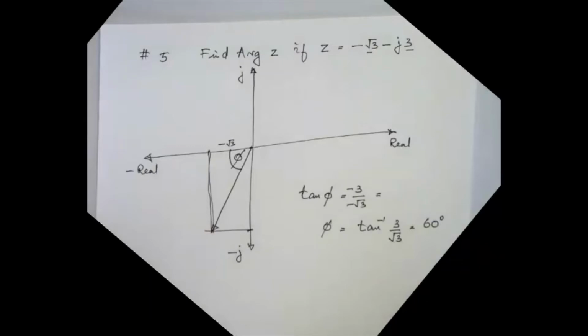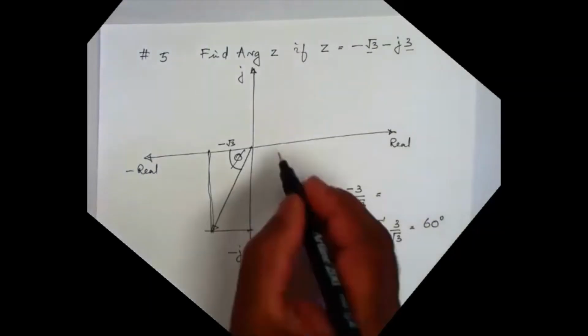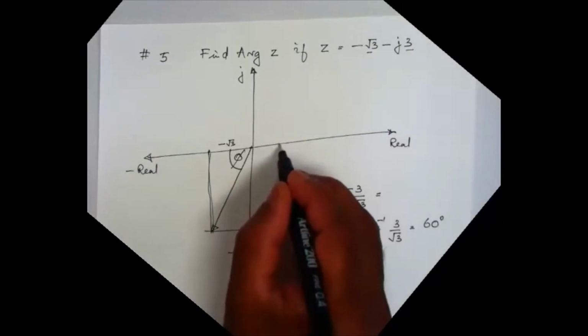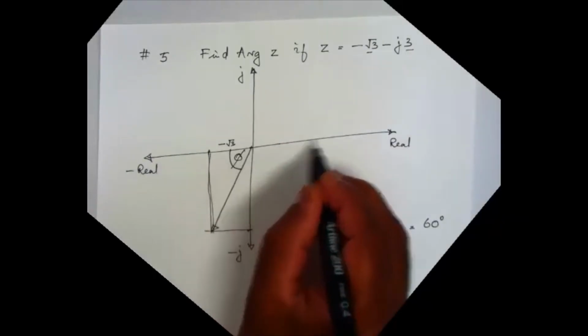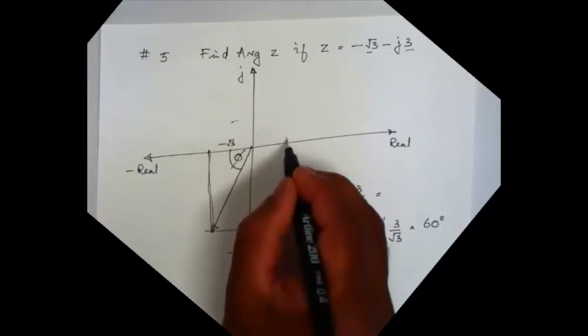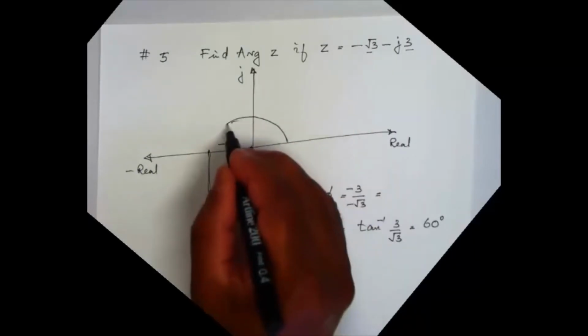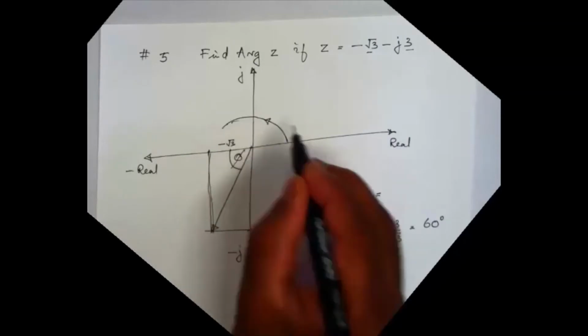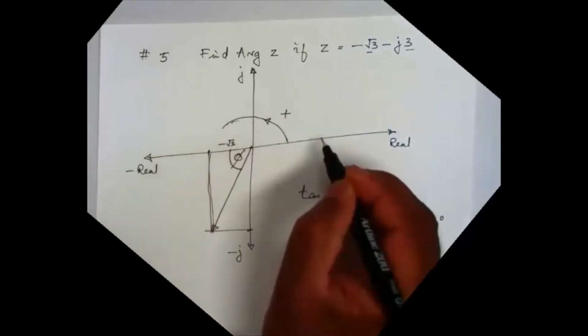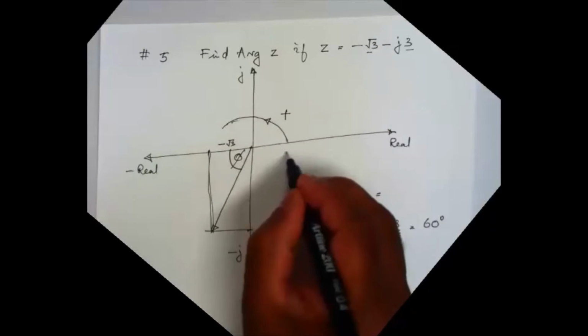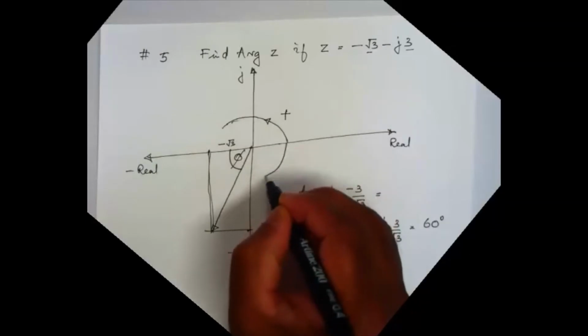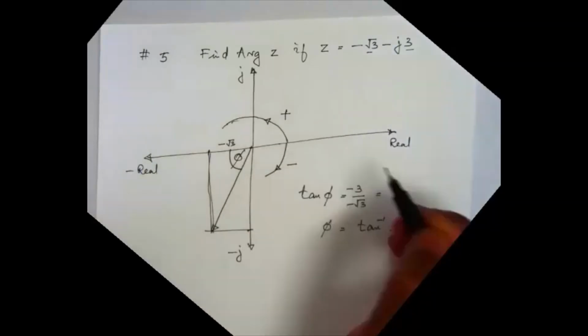Now what we do is, we don't measure it from the positive real axis in the clockwise direction. When you measure the angle to get this argument, if we take this as the positive direction, then if you take it in the other direction, we take it as the negative direction.